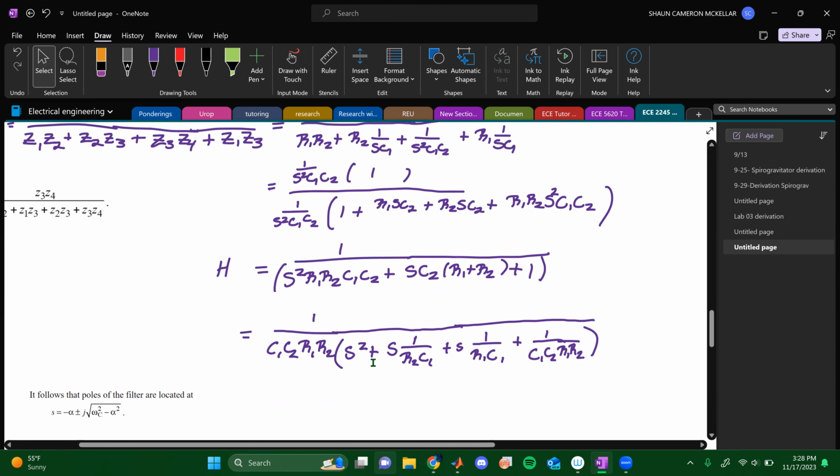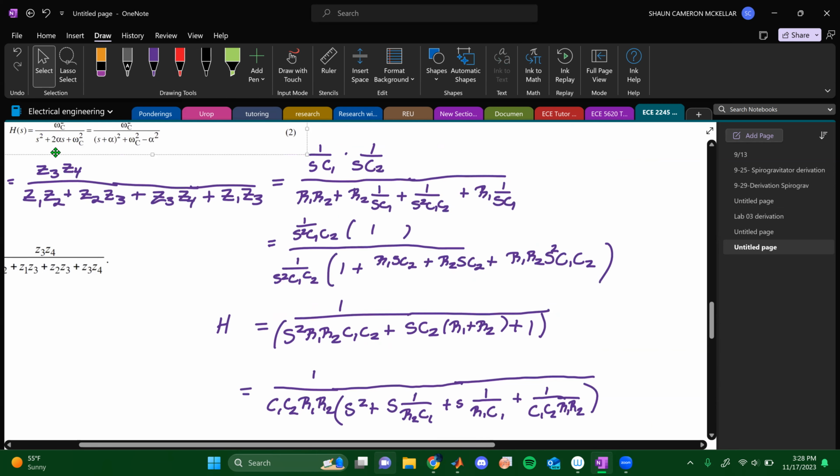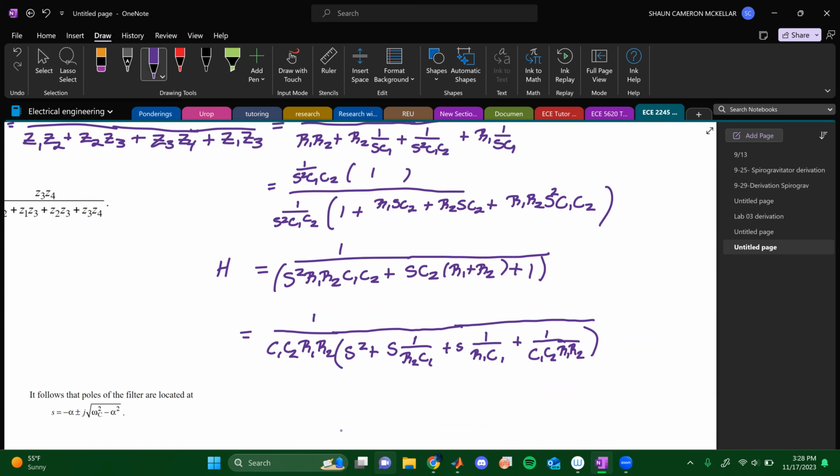So now in my denominator, that's what I've got. I see that my numerator term has this 1 over c1 c2 r1 r2, and 1 over that is the same as this last term. So that's my omega c squared term right there. So omega c squared is equal to that term.